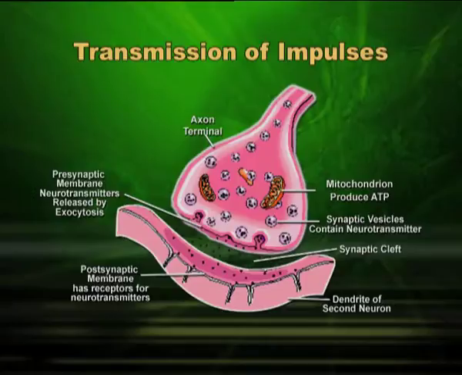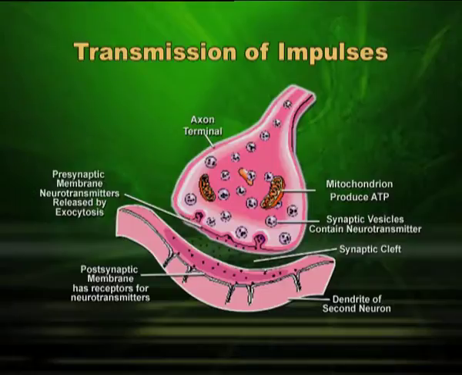After the terminal, what happens? We know it makes a synapse with another nerve cell. In this diagram, you can see a synapse. A synapse is a space present between two nerve cells, that is the axonal end of one nerve cell and the dendrite beginning of the other nerve cell.